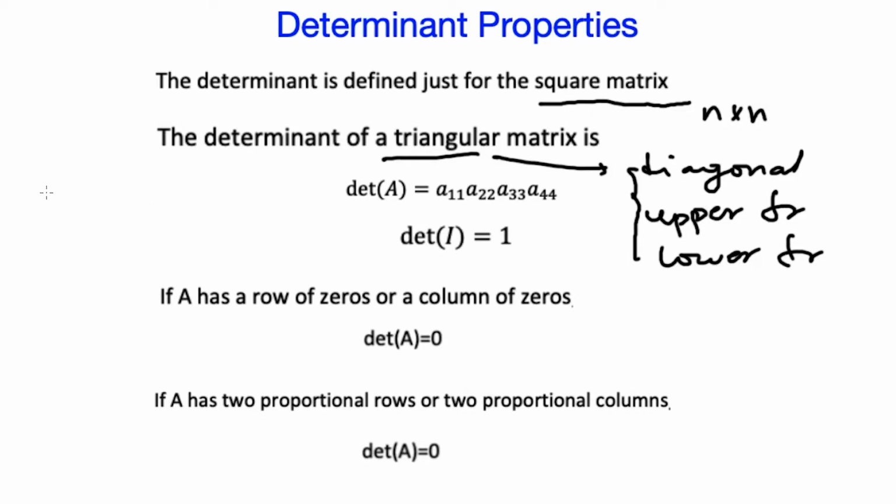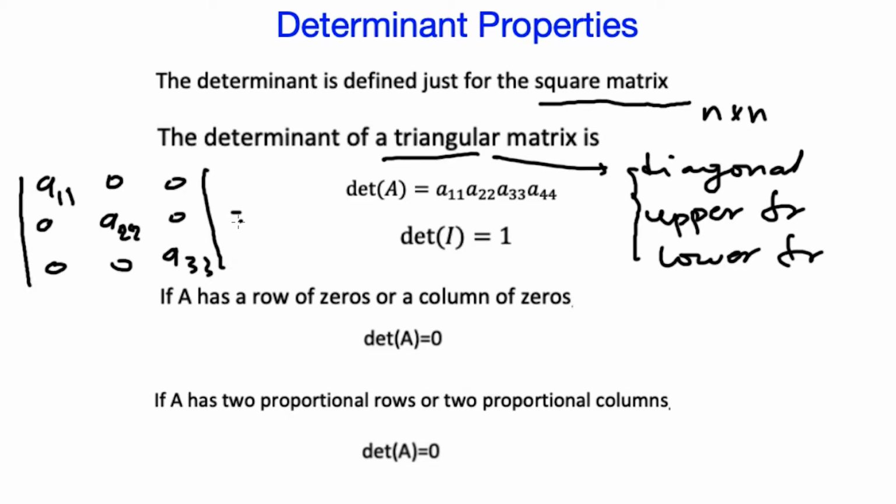If we have, for example, a 3 by 3 diagonal matrix with a11, a22, and a33 on the diagonal and zeros elsewhere, the determinant of this matrix equals the product of the main diagonal: a11 a22 a33.